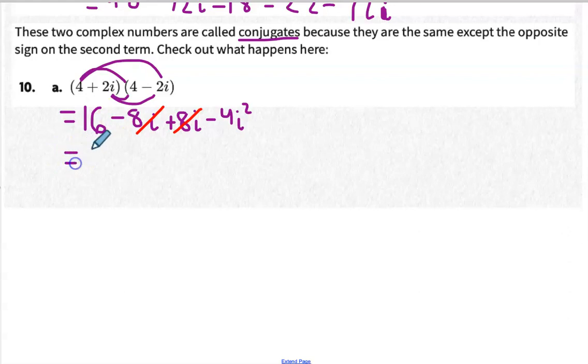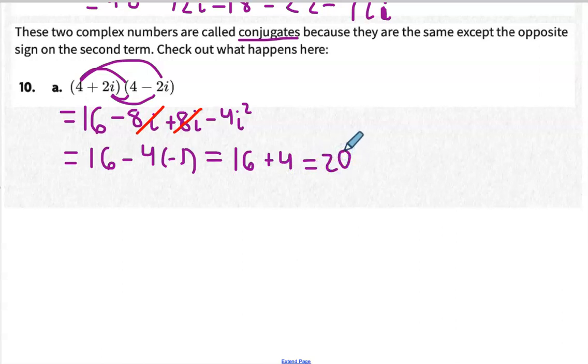So I'm left with 16 minus 4, and I'm going to replace i squared with -1. Which really means I have 16. -4 times -1 is positive 4, which is just 20. Okay, so what happens is that the imaginary part is gone. And I just have a real number.